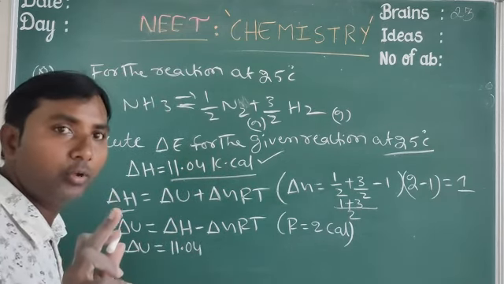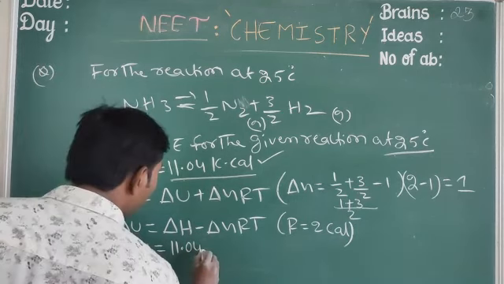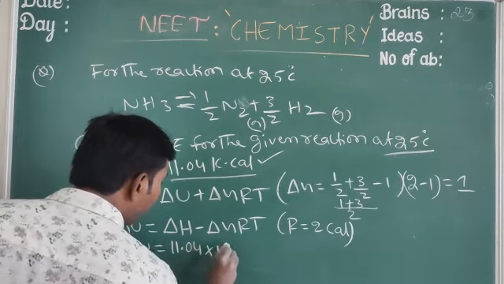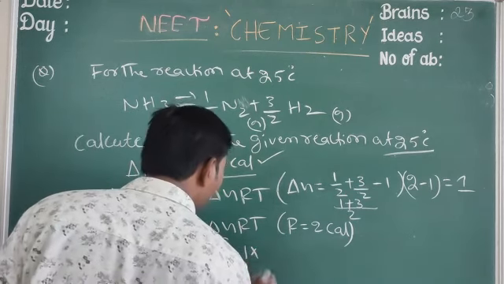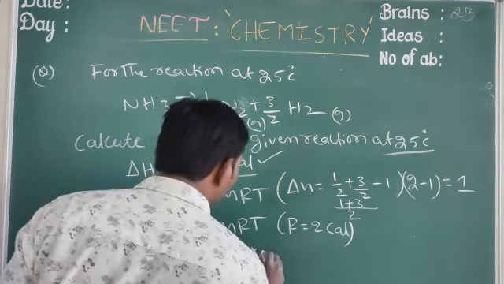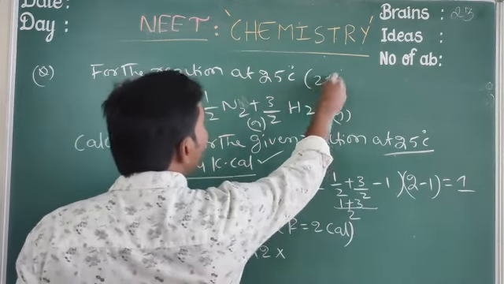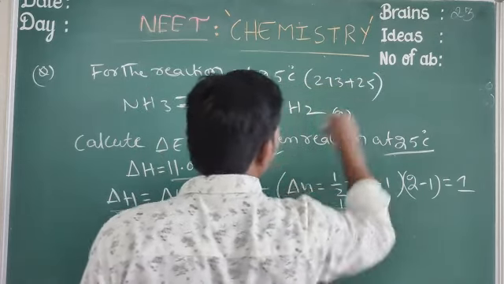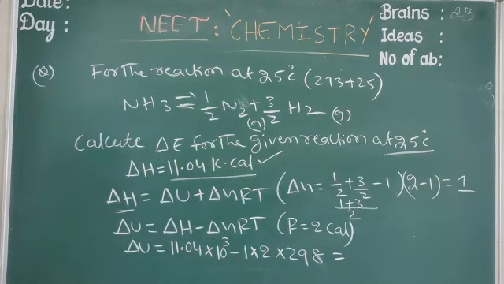So 11.04 into 10 power 3, minus del n value 1 into R value 2 calories into 25 centigrade, that means 273 plus 25, 298. The answer comes.